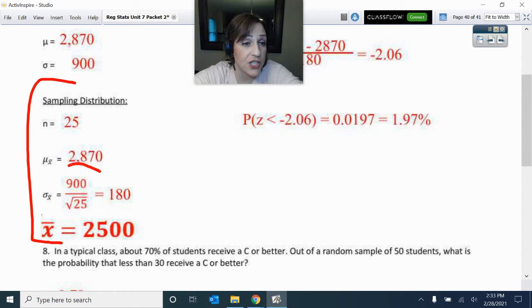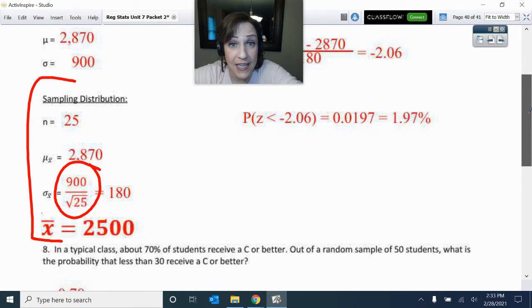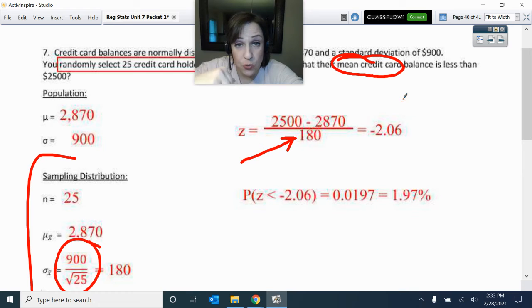That changes our standard deviation to 900 divided by the square root of 25. So the standard deviation is now 180 instead of 900. That's why the math comes out different: the samples are less varied. Remember, when we drop that down, they become less varied.